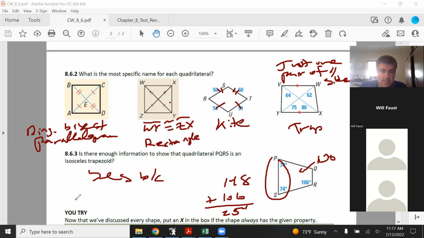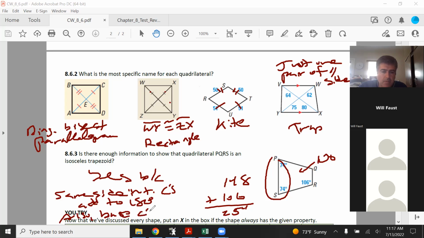And that's because same side interior angles add to 180, and also base angles are congruent.